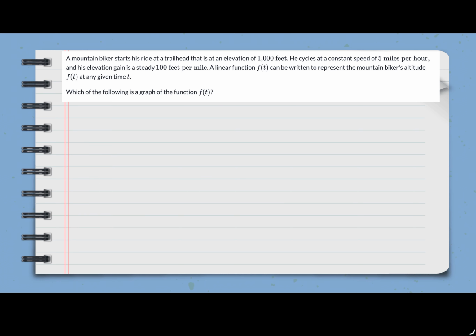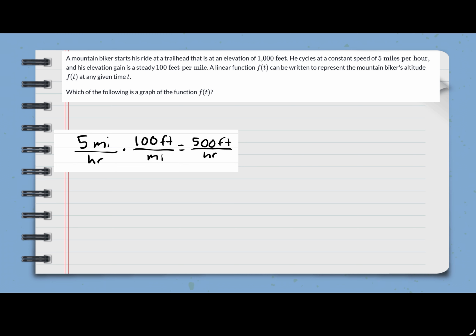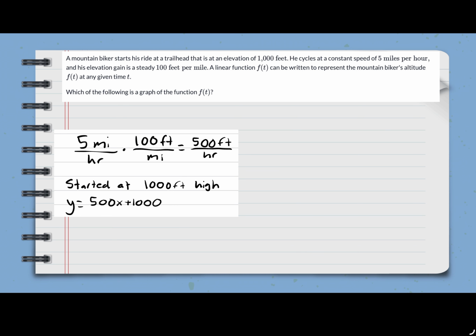He's at 5 miles per hour, and he's gaining elevation at 100 feet per mile. So we can figure out that slope based on what we're given here, and we'll end up with 500 feet per hour. And because we started at 1,000 feet high, that'll be our y-intercept.